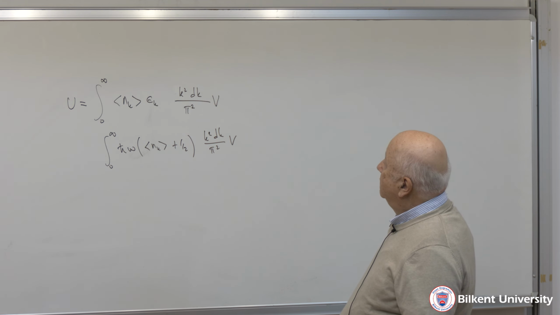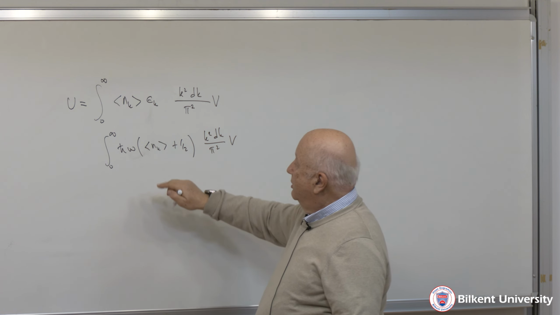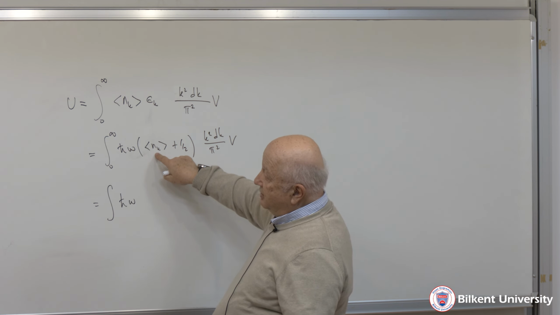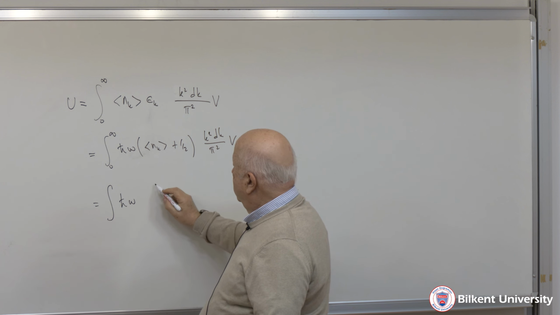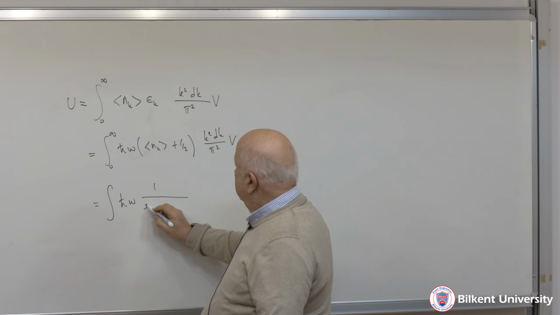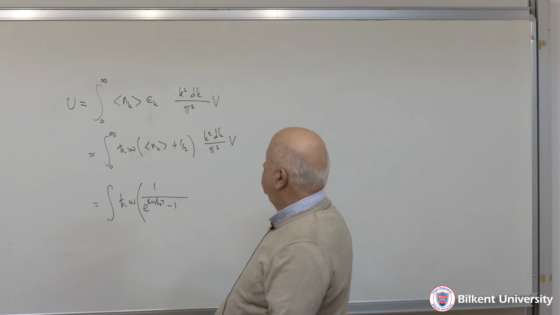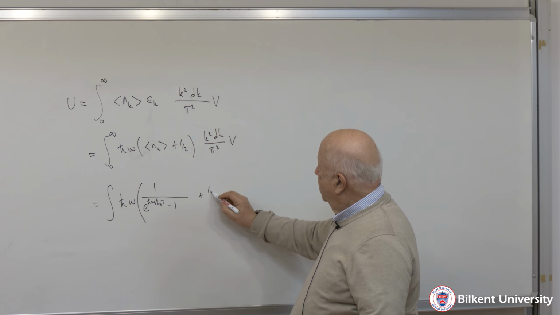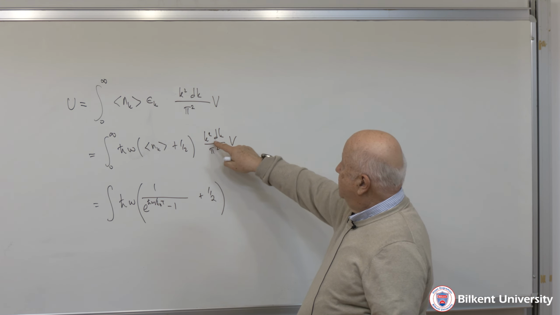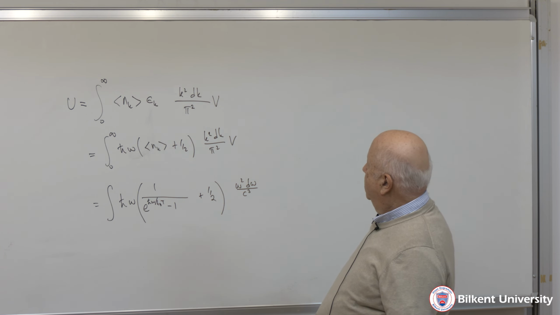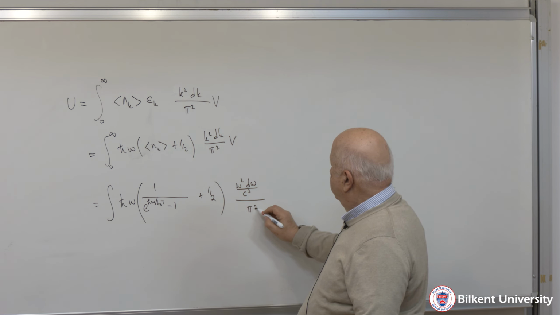But now you see what happened. This is my original term, so I'm going to get h bar omega, and this nk is 1 over e to the h bar omega over kBT minus 1, so that's that piece. But I have 1 over 2, and I have to translate this into omega, so it's going to be omega squared d omega divided by c cubed, and divided by pi squared v.